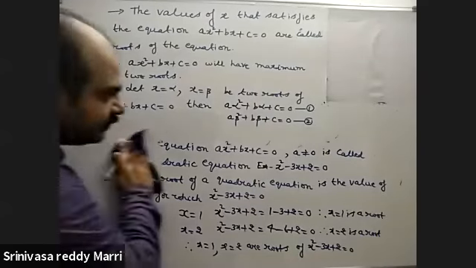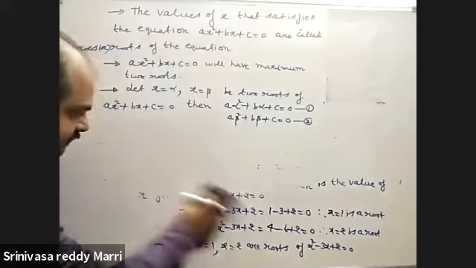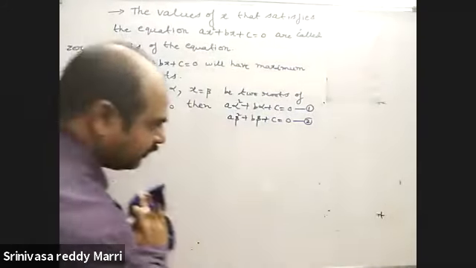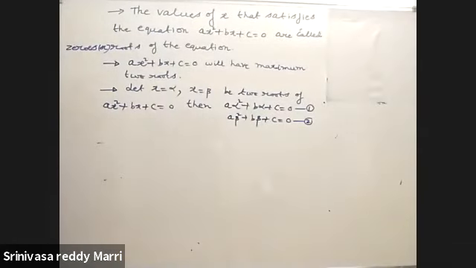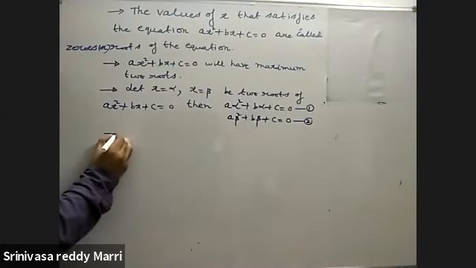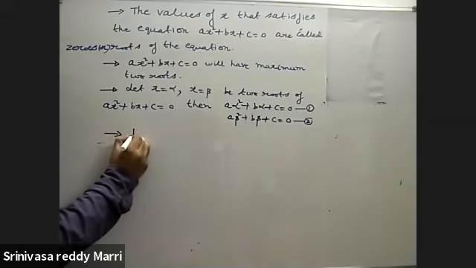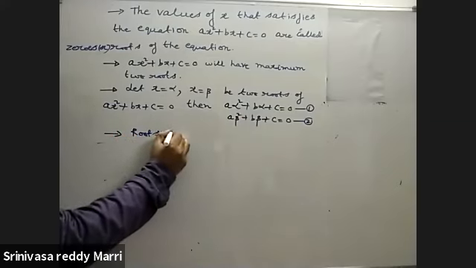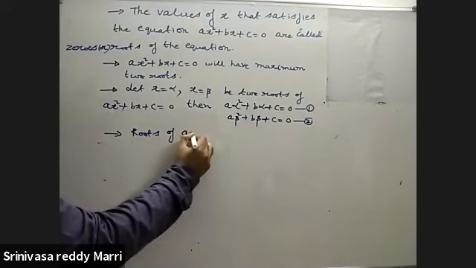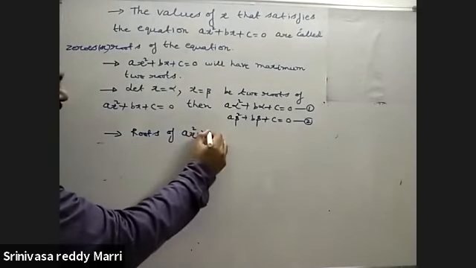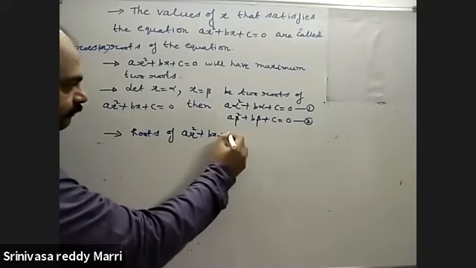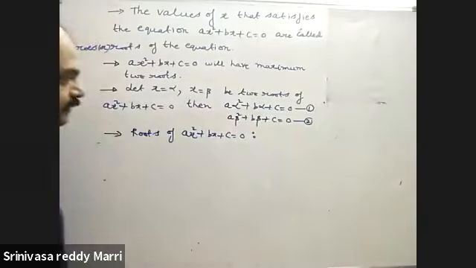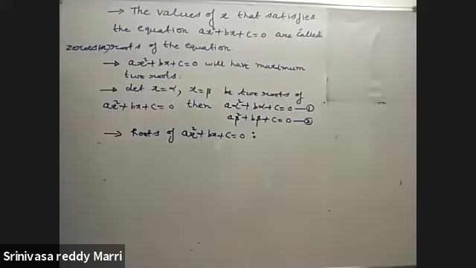Now we will try to find out the roots, alpha and beta. From childhood onwards, you know how to find the roots of ax square plus bx plus c equal to 0, that means the values of x.